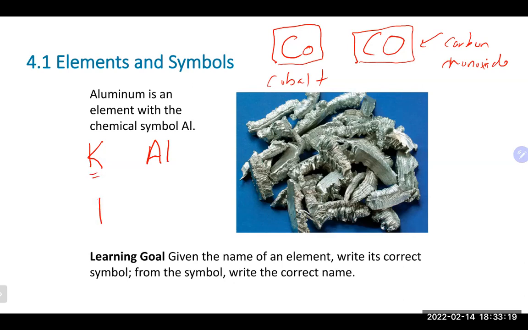Iron, for example, is Fe, again capital F and lowercase e. Copper is Cu. As we saw earlier, zinc is Zn. Sodium is Na, right? So that is sodium.